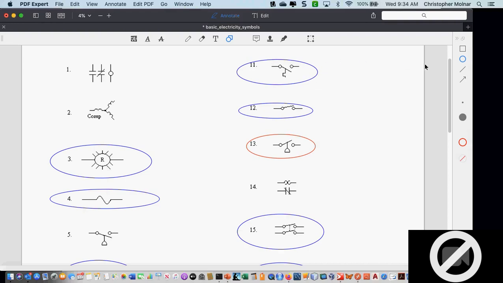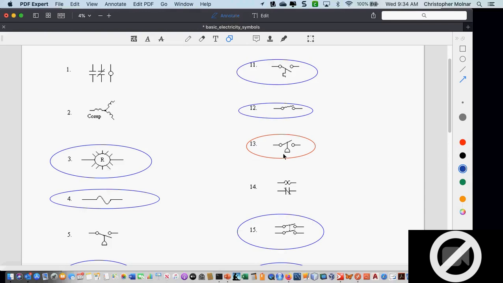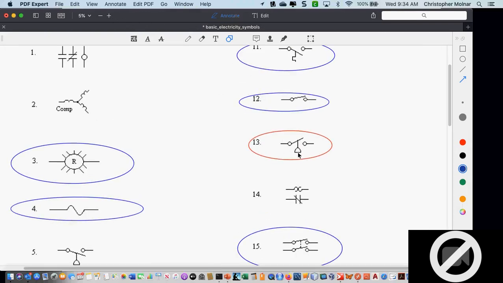Which one is the thermostat? Thermostat is number 11. So he was just talking about 13. So now I'm talking about 13. Okay, anytime you see the little plunger, it's a pressure control. Now, what type of pressure control is this?